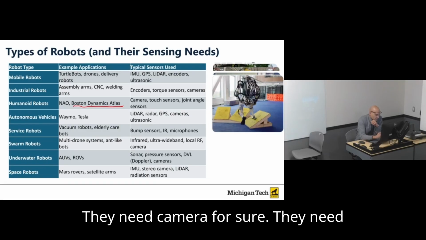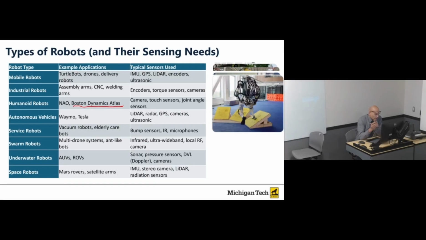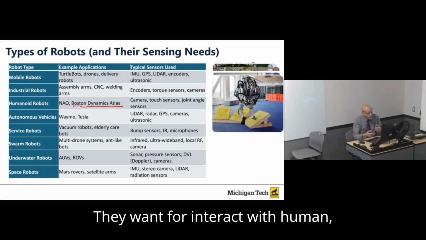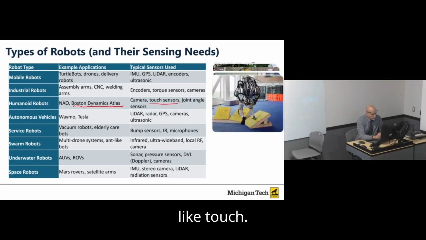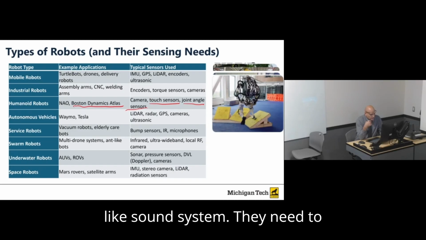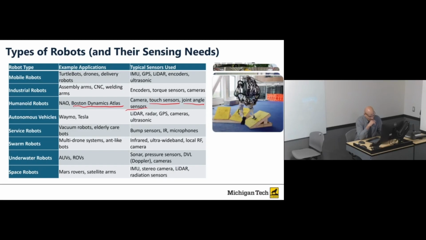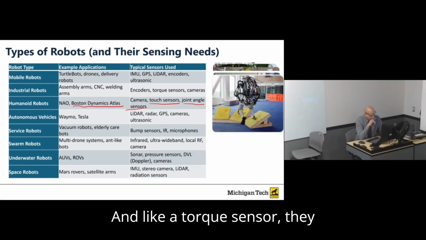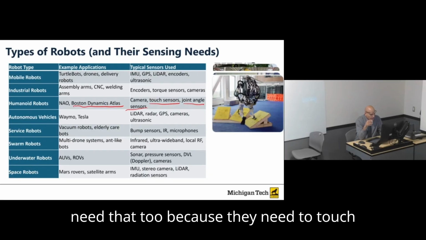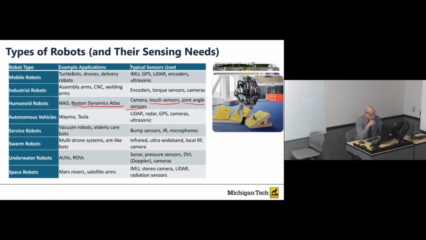They need camera for sure. They need whatever they want for interacting with humans, like touch, joint angle sensors. For sure, they need a sound system. They need to speak or hear. They need a microphone as well, for sure. Like a torque sensor, they need that too because they need to touch, and encoders, of course.